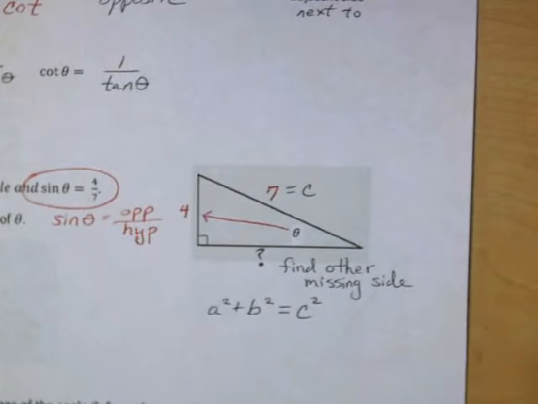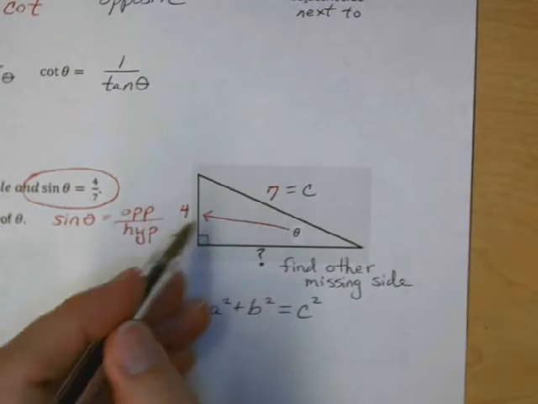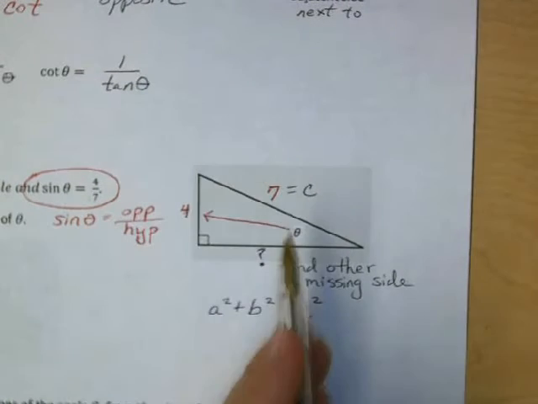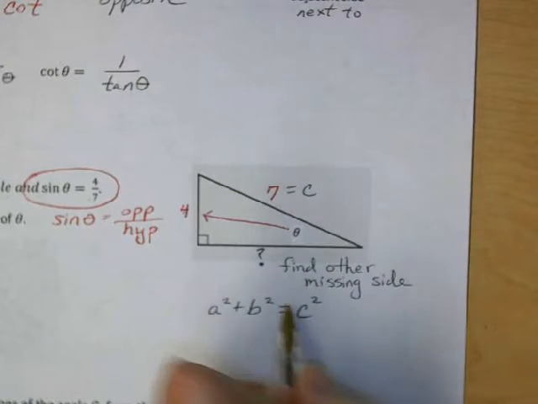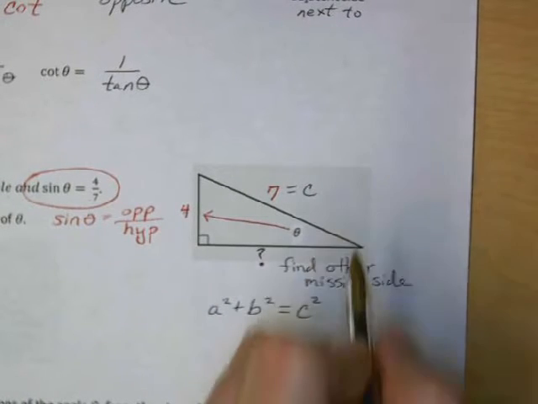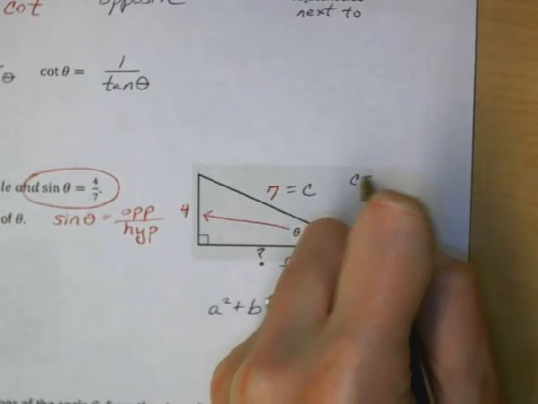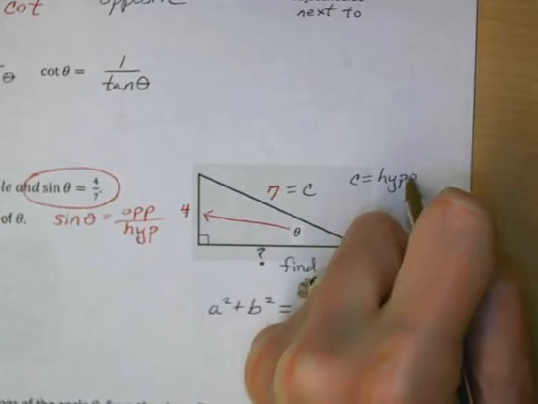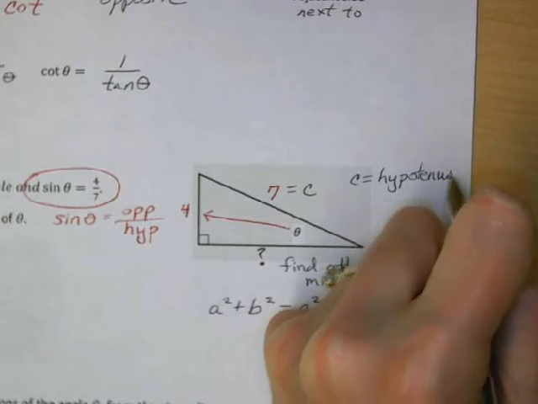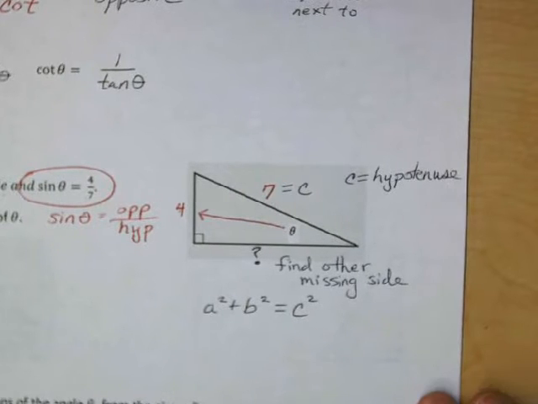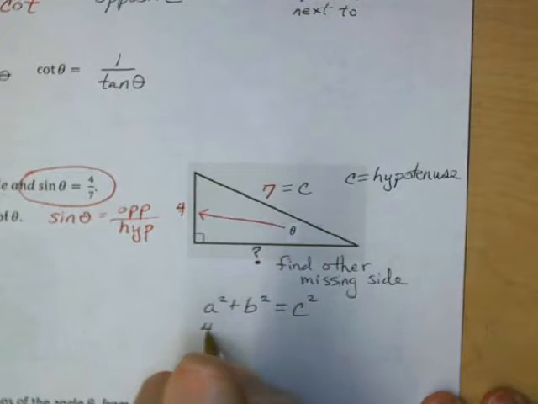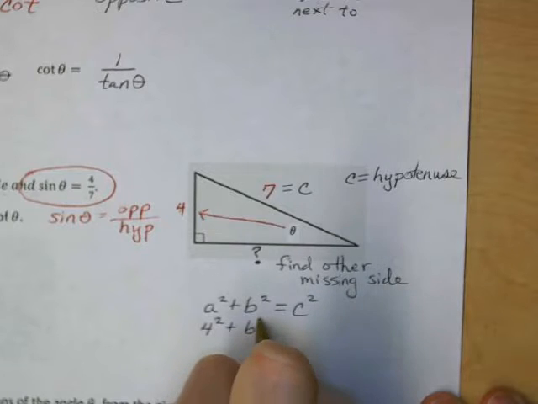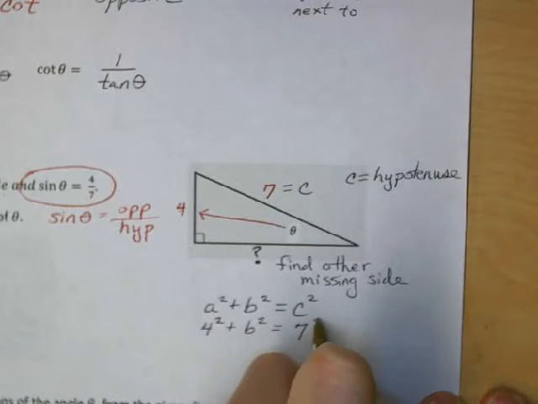You just have to make sure the hypotenuse is always C. You have to remember that, from geometry. C is always the hypotenuse. Okay, so we could do 4 squared plus B squared equals 7 squared.